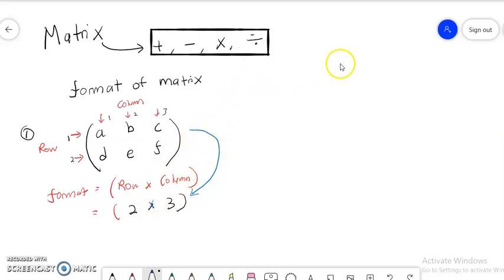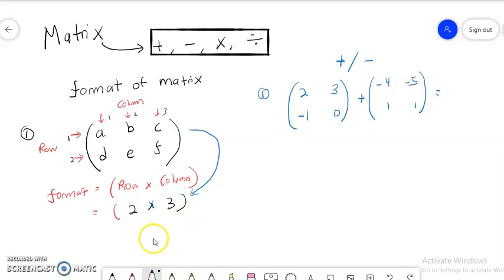Okay. For plus and minus, only matrices of the same format can be added or subtracted. Now, example number 1: 2, 3, -1, 0, we plus with -4, -5, 1, 1. Here we just have to check the format.